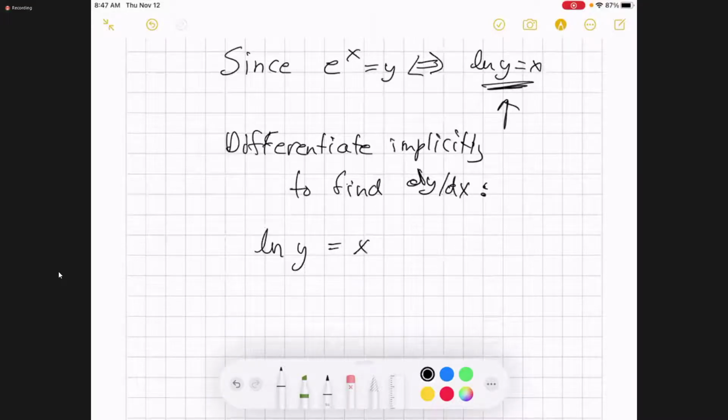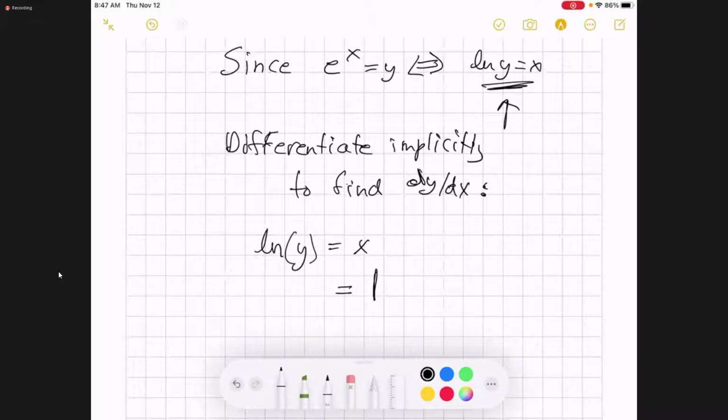Okay, differentiating. I hope you remember doing this. It seems like it was ages ago now. But the derivative of x with respect to x is just 1. The derivative of ln of y, well, that's a composite function.